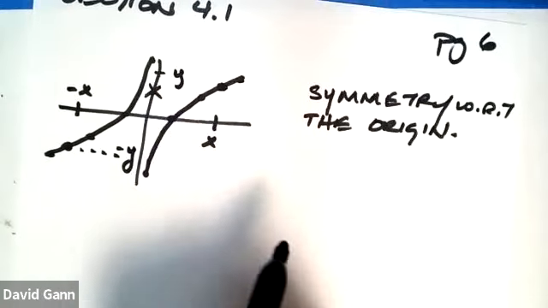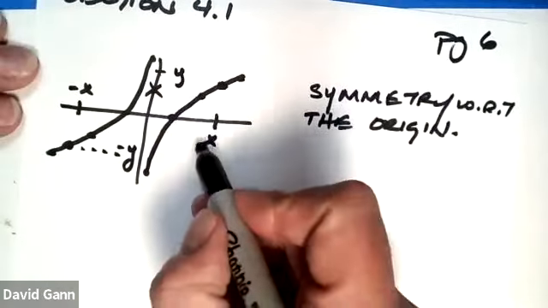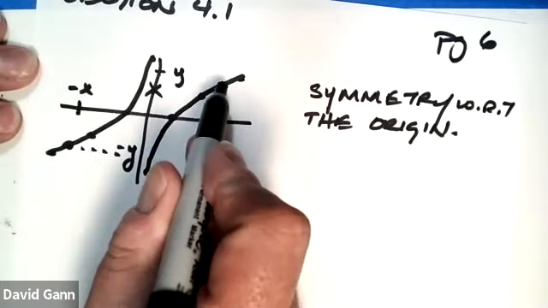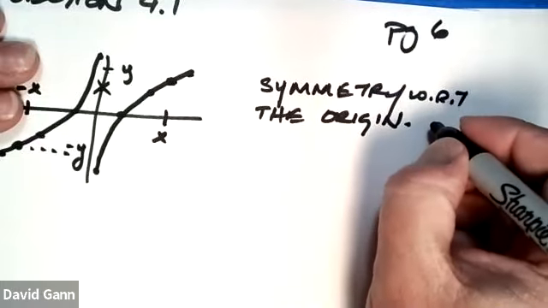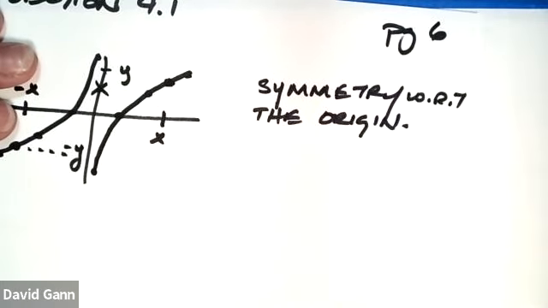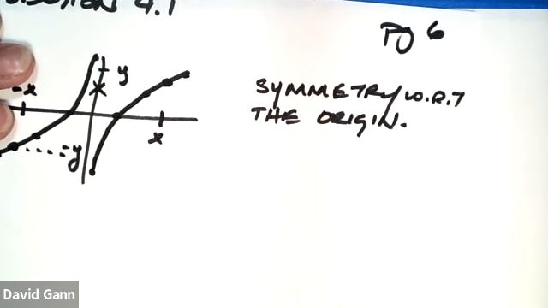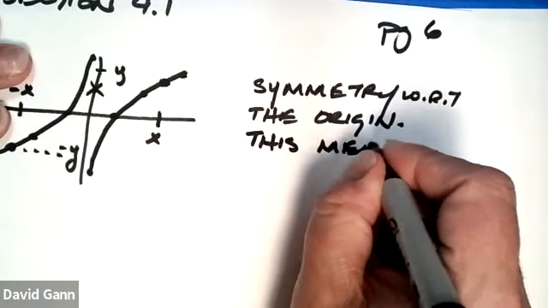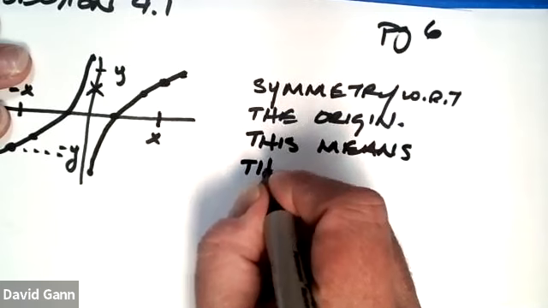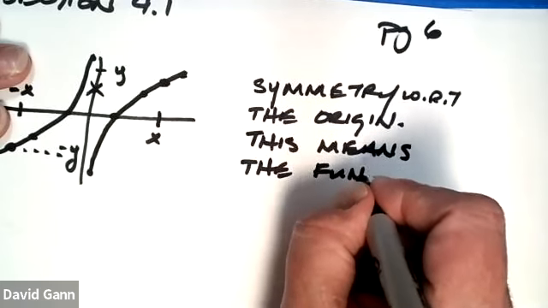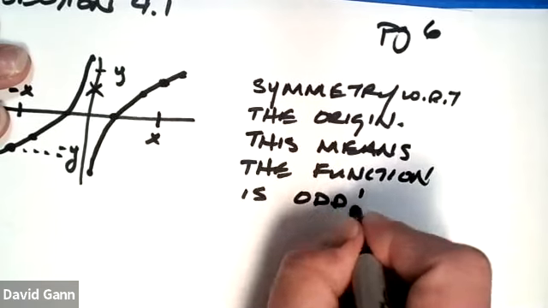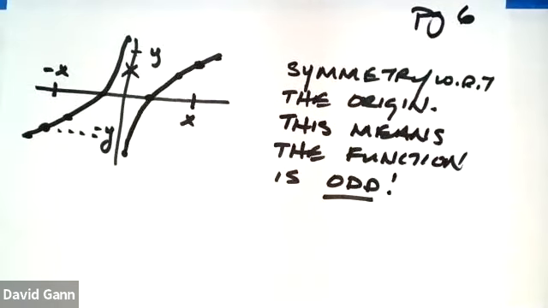So in this case, you really do have the situation where f of negative x is equal to negative f of x, right? I said this means the function is odd, as defined.